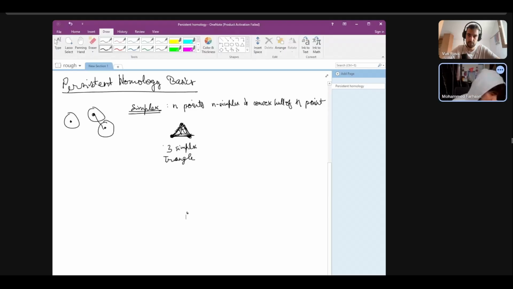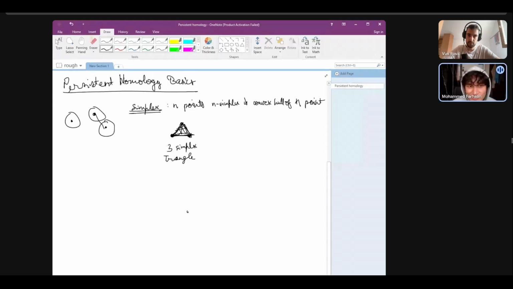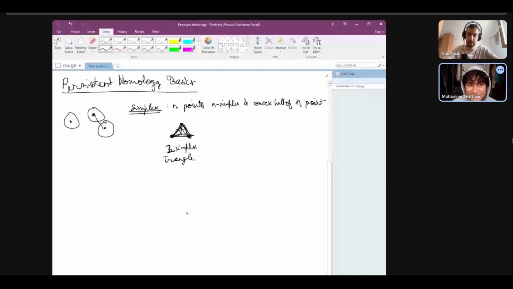Similarly, oh, I'm sorry, my bad. This is a two simplex because it's 2D. It's not a three simplex.